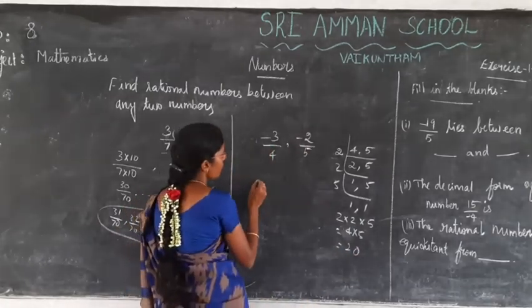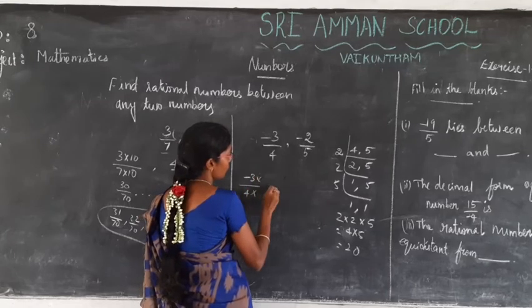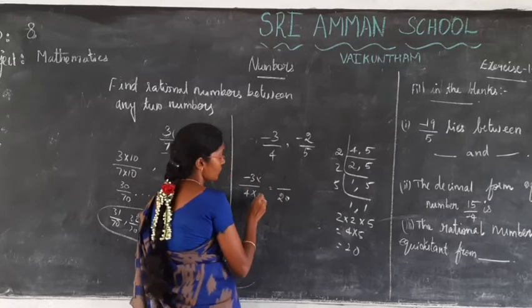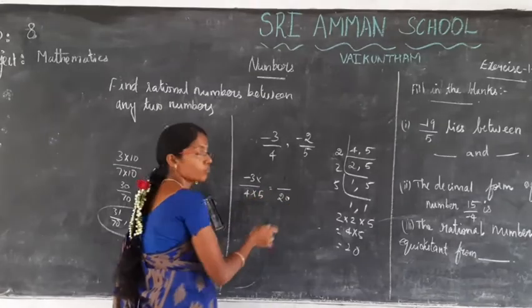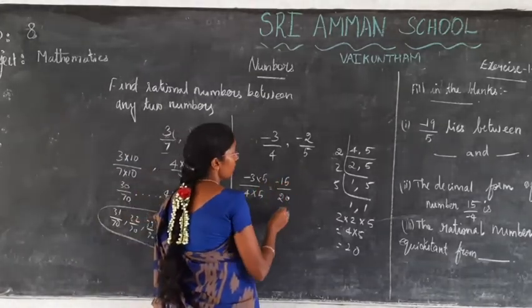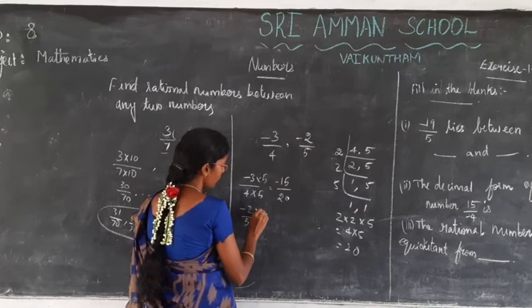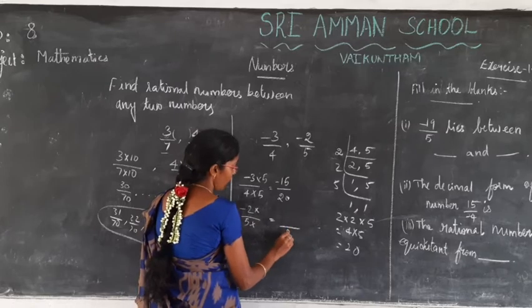So what is the LCM you get? 20. So minus 3 divided by 4 into 20. Which number is to be multiplied to get 20? The same number is to be multiplied here. So 5, minus 15. Here minus 2 divided by 5 into 20.